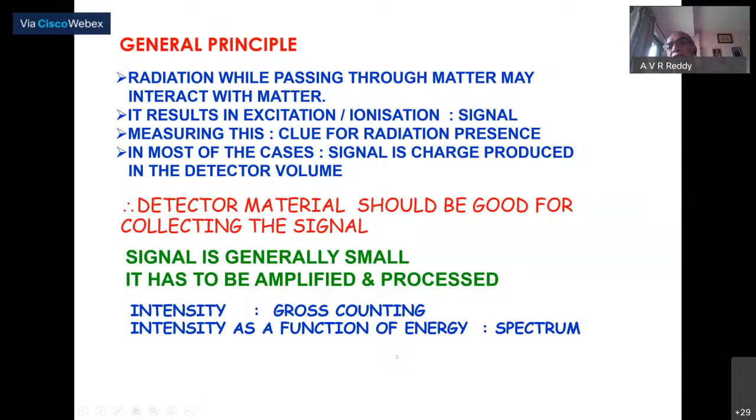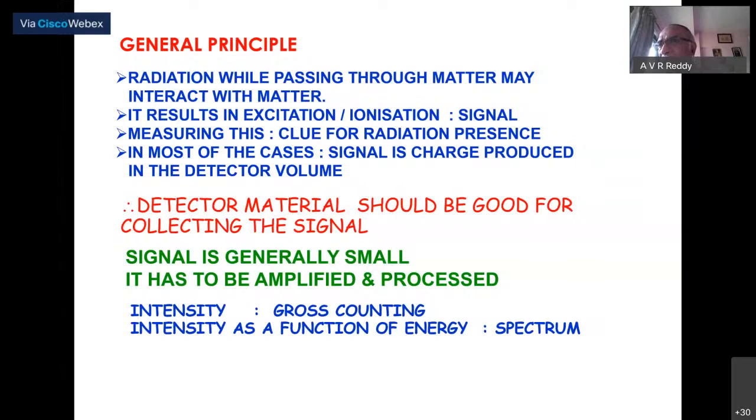So what is the general principle? This one projection is important to get an idea about the radiation detection and measurement. And in fact, a similar thing will be there for every detector, whatever you use in your measurements. So while processing radiation, first and foremost thing we should understand: how do we generate the signal?